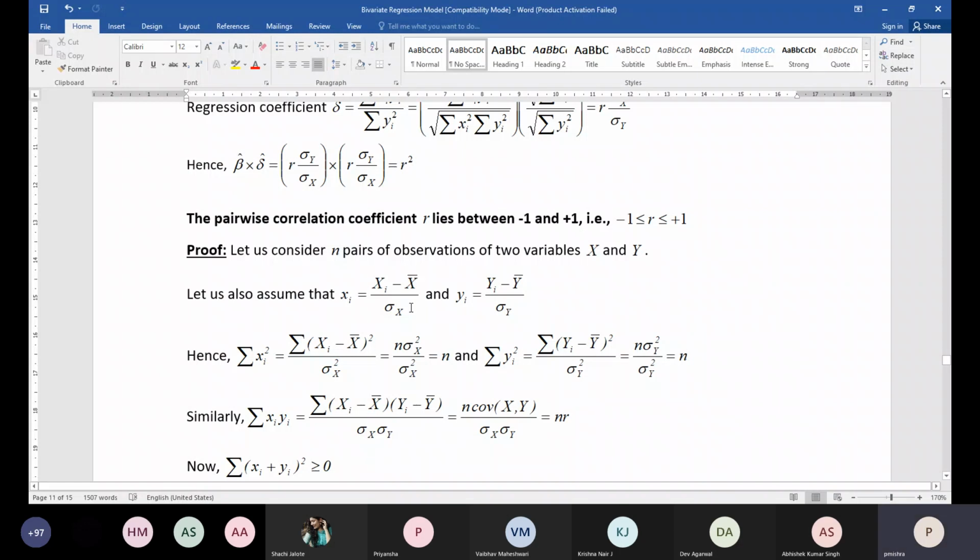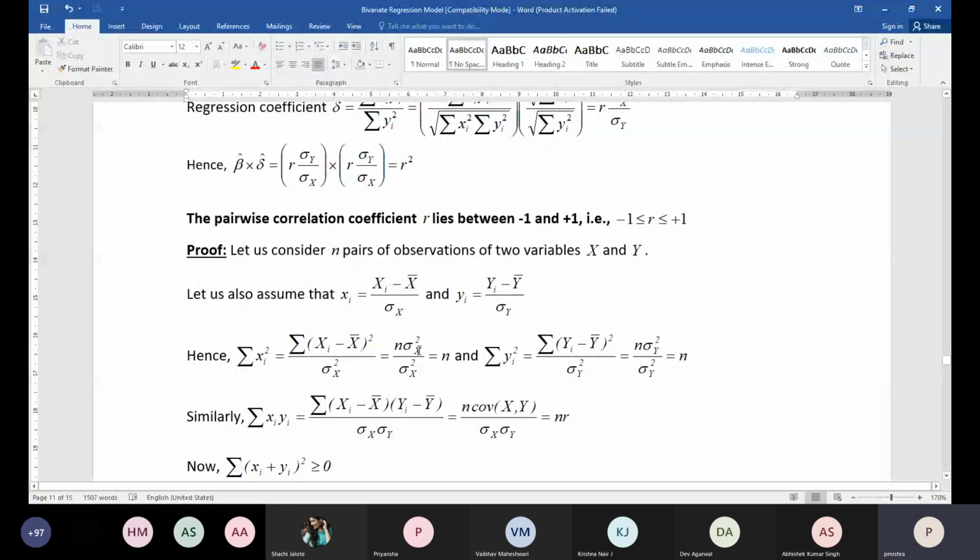Then small xi square would be equal to this, and the numerator can be rewritten as n into sigma square x, because sigma square x is equal to 1 by n into summation of xi minus x bar square. So this sigma square x would be cancelled out, and we will have only n.